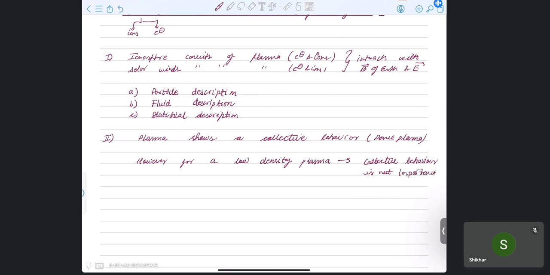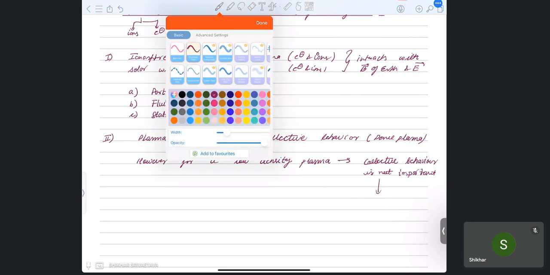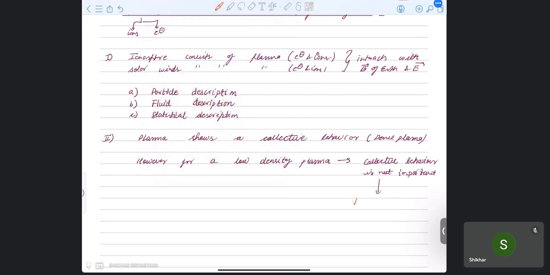So in that case, we can treat electrons and ions as single particles. For a low density plasma, there is no need to go through collective behavior.